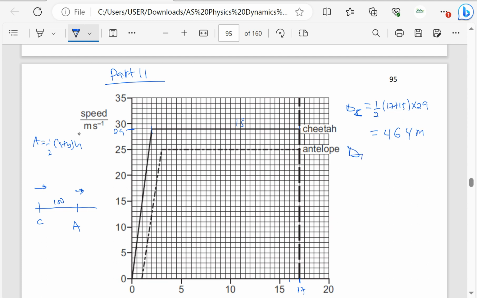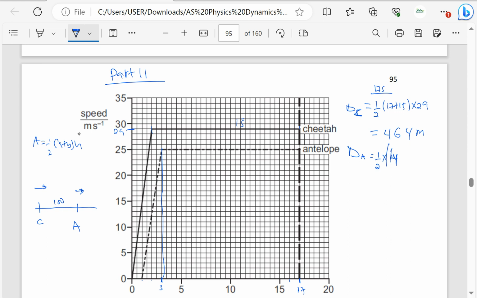Then the distance moved by the antelope, which is also the area of a trapezium, for 17 seconds. For the antelope, the top side is 17 minus 3, that is 14.